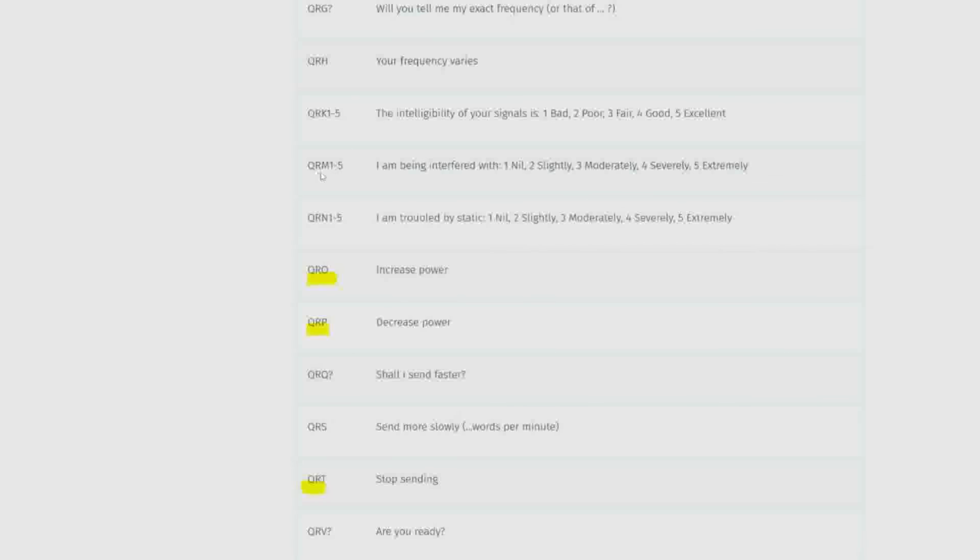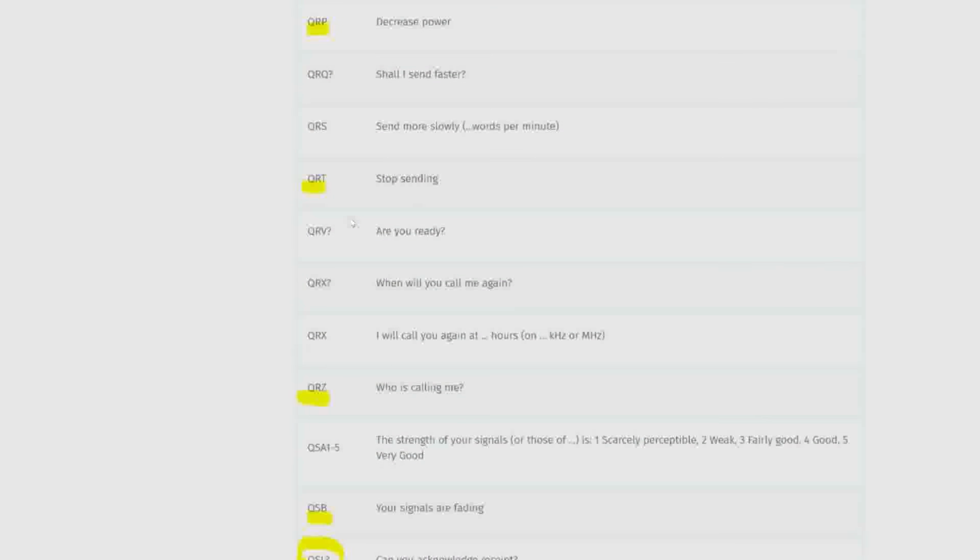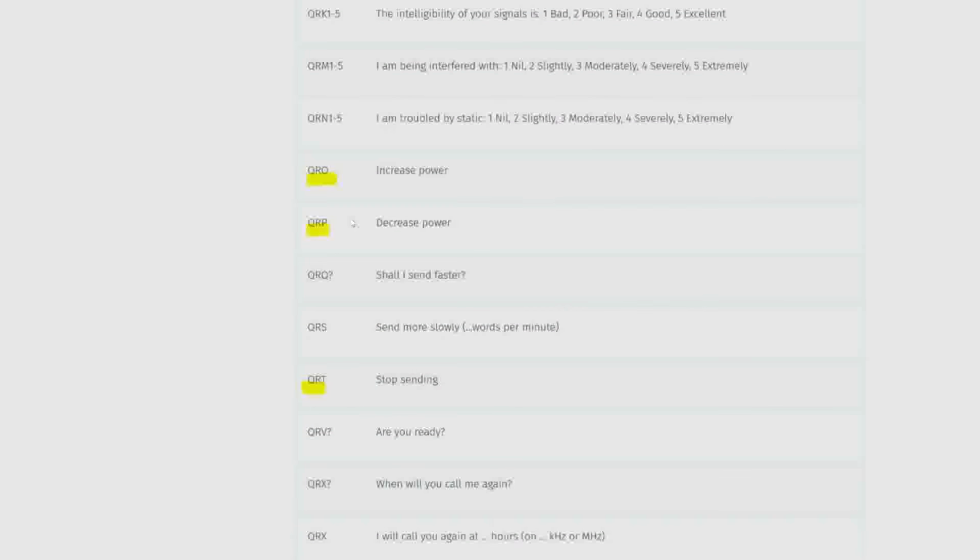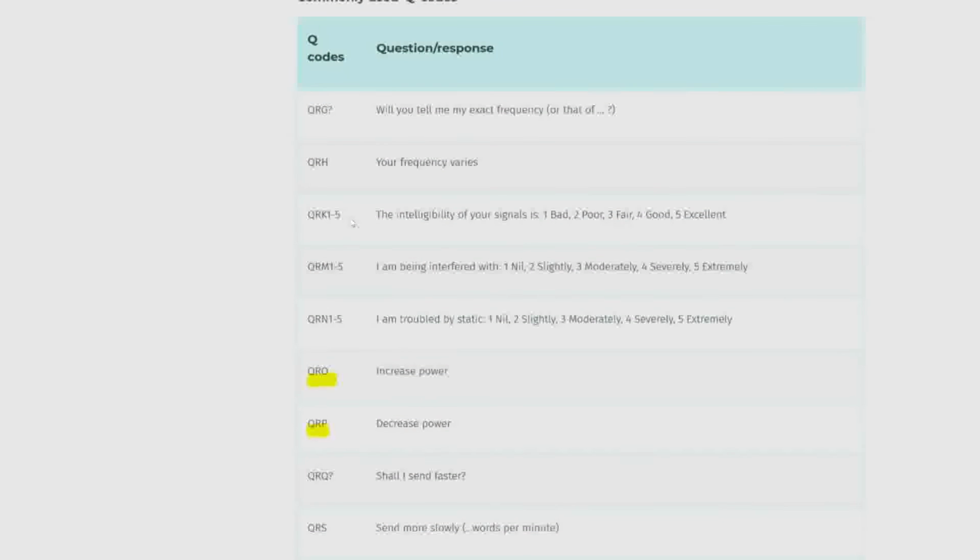So if you're getting a lot of interference, it's QRM. Think of M as man-made. And QRN is natural. The N is natural interference. So QRN and a number 1 to 5 is the level of interference you're getting. And I wouldn't worry about the other ones. You're not going to get perhaps more than one Q code in an exam.